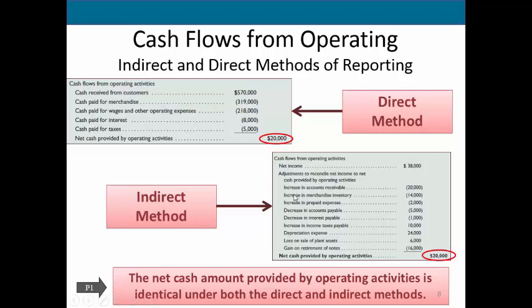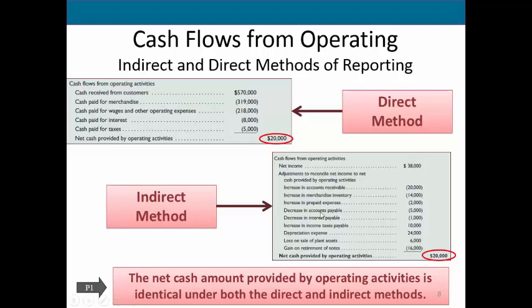So you can think of it in terms of making sure that our accounting equation balances. Let's look at another example. An increase in merchandise inventory. So that's an asset. If one asset increases, cash would have to decrease. So we'll show that here. But let's look down here. We had a decrease in a liability. So we're moving to that other side of the accounting equation. Remember, assets equals liabilities plus equity.